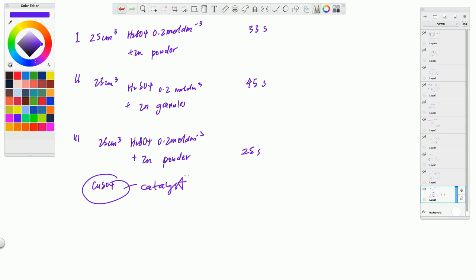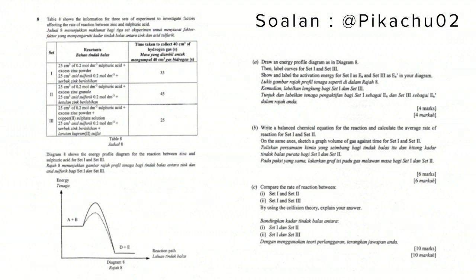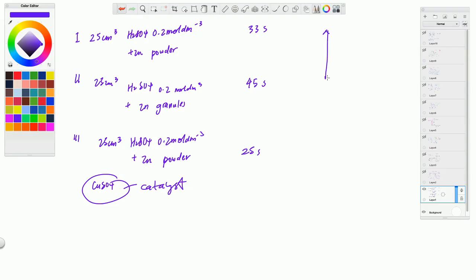So draw energy level diagram as in diagram 8, then show a label curve for set 1 and set 3. So basically, you draw the same thing. You draw sulfuric acid plus zinc. Okay, but not enough place here. Let me make it bigger.